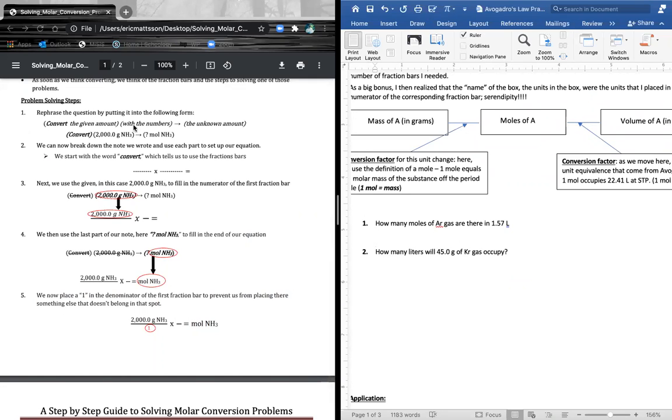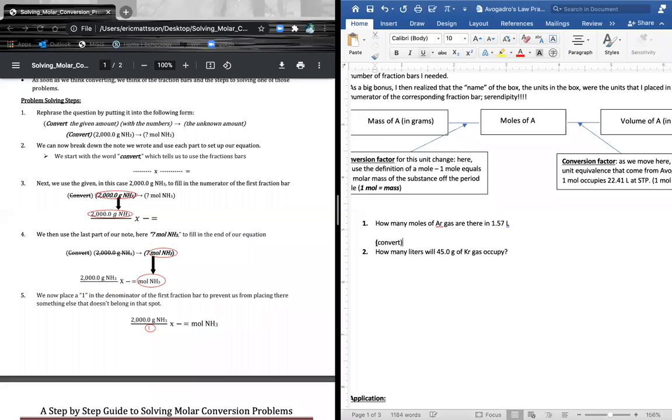Step one, when I realize that this is a conversion question, is always the same. We start with the word convert. So I rewrite the question. I put down my 3 parentheses. Convert goes in the first one. In the second one, I always take whatever I know and put that in.